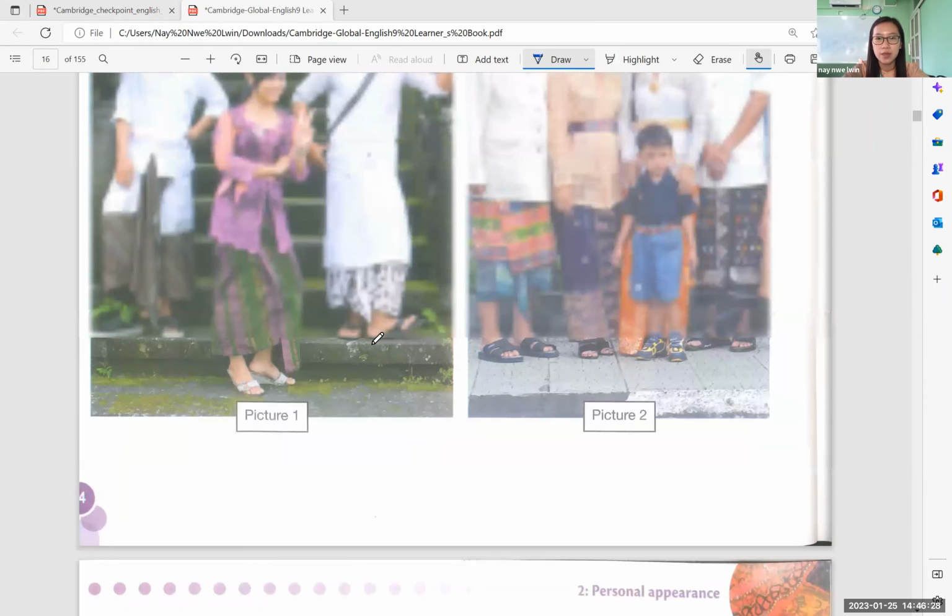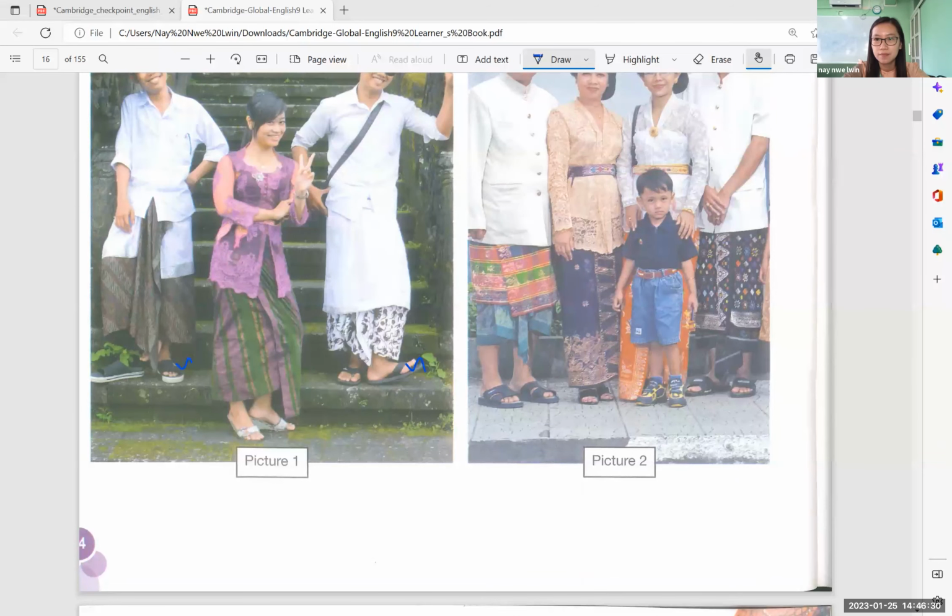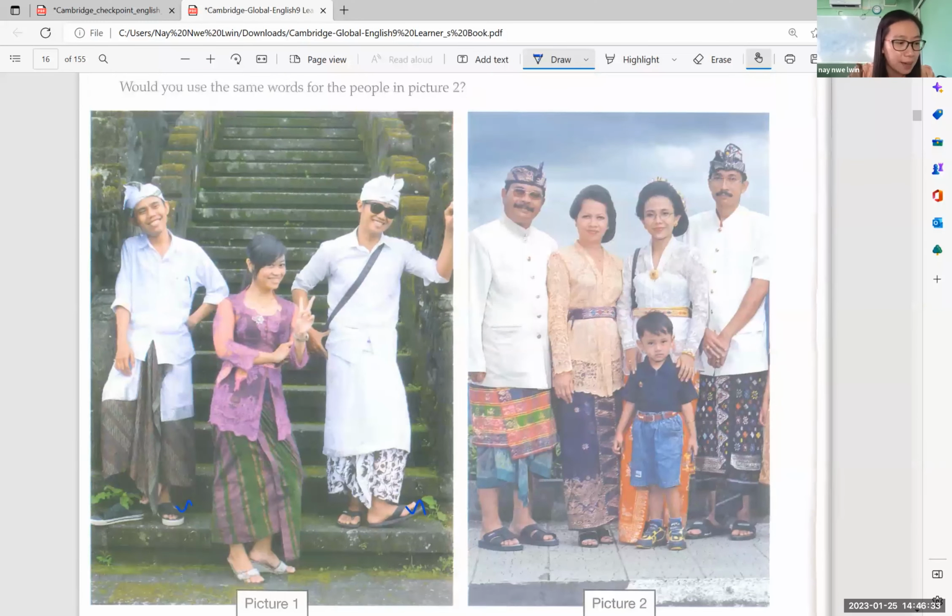So which one is saput and which one is kamben? Can you show me?